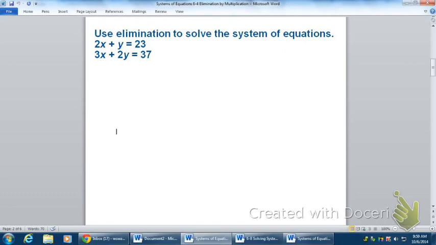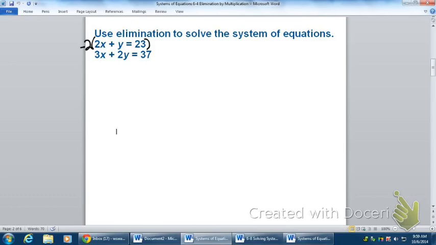You can multiply one of these equations, let's say, if you multiply that top equation by -2, that whole equation, we could get the y's to cancel.